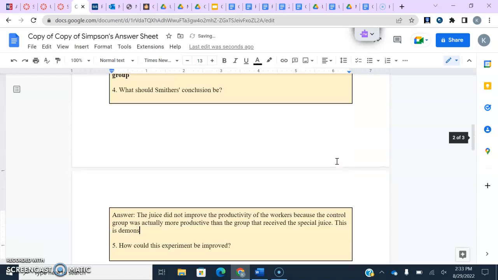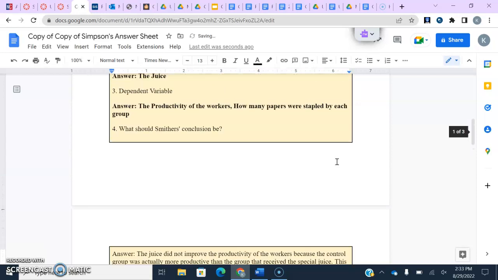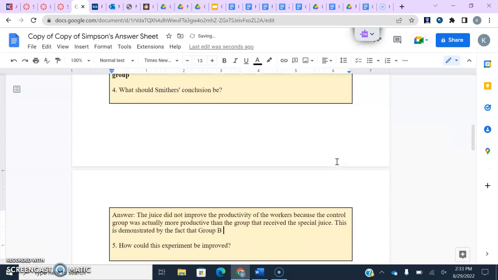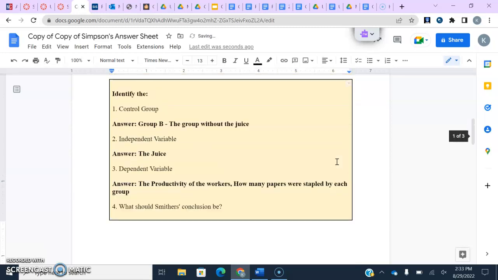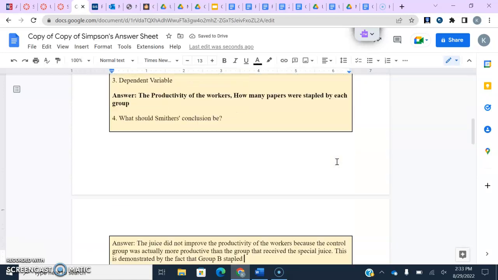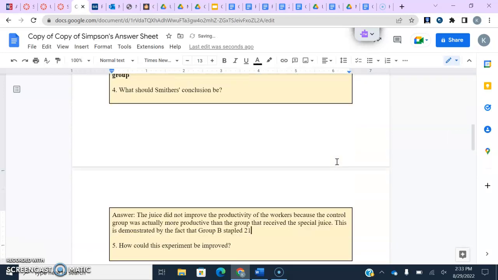This is demonstrated by the fact that Group B stapled, how many was it? 2,113, and oops, sorry, my typing's all over the place.